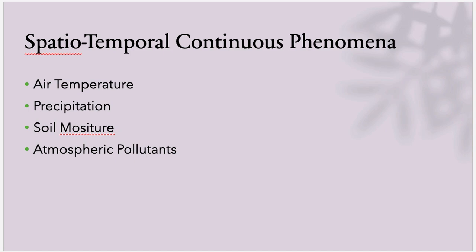Spatiotemporal models can use either continuous or discontinuous data. Examples of continuous data are air temperature, precipitation, soil moisture, and atmospheric pollutants. Models of continuous phenomena predict values that vary smoothly across time or space.